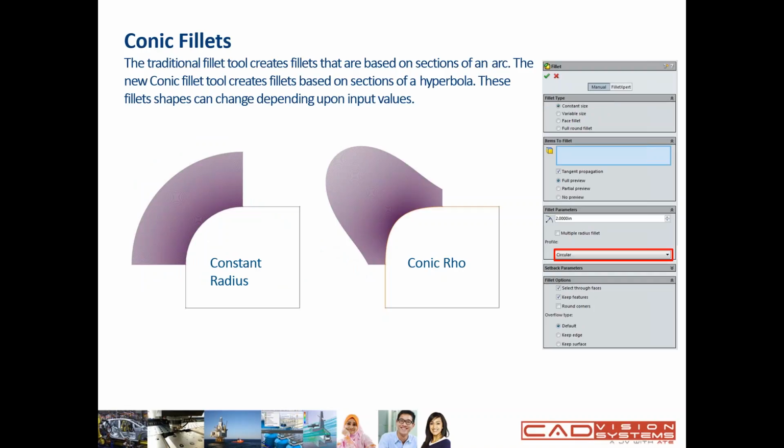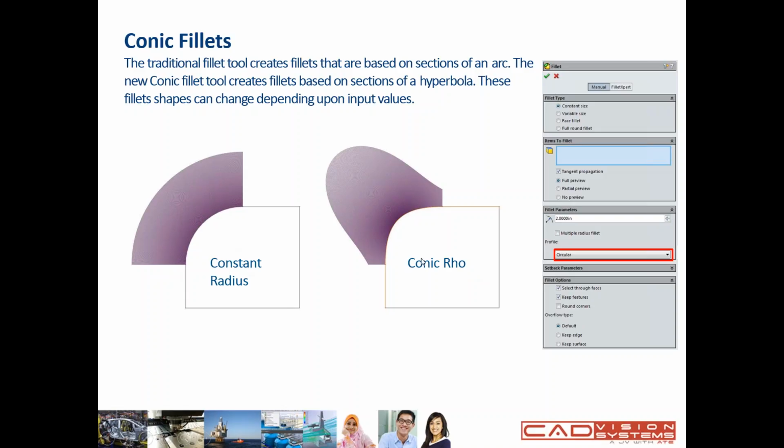The another type is quite a new feature in SolidWorks, which was just released I think about 2 to 3 years ago. Conic fillets, which are fillets that we control by using a rho value. If you compare the left hand picture, constant radius, with the right hand picture, conic radius, the difference is that constant radius has the same radius for the whole section.